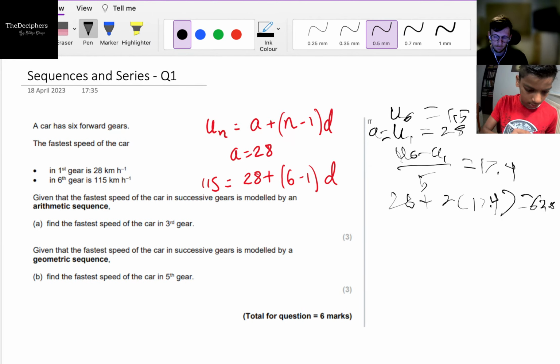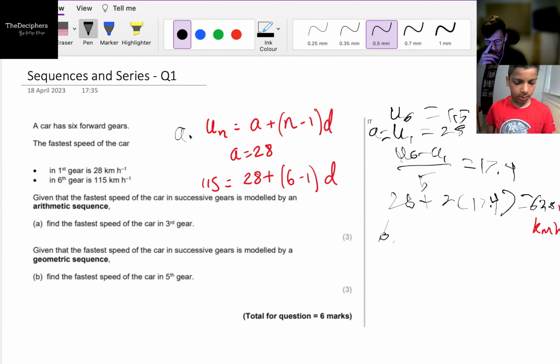Now let's do part B. Now it's modeled by a geometric sequence. That means that formula is u of n equals a times r to the power of n minus 1.